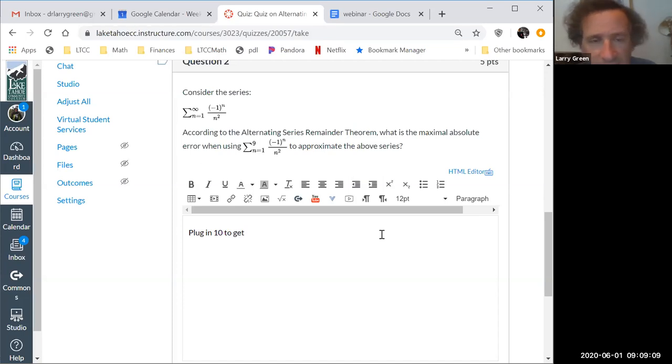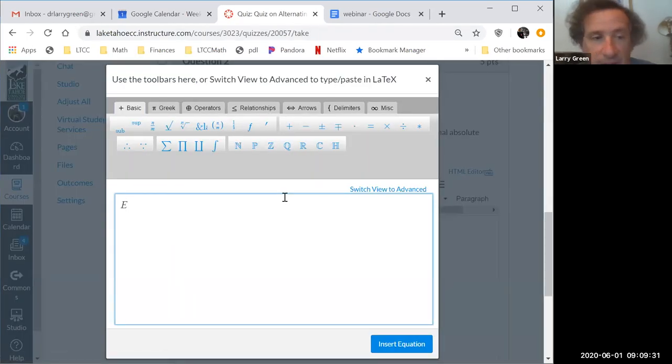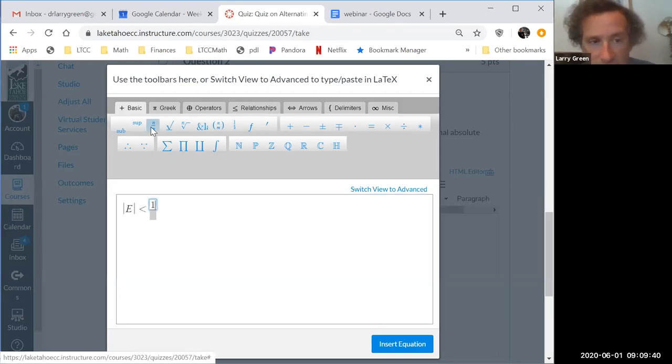We can now say the absolute error is less than 1 over 10 squared, which is equal to 0.01.